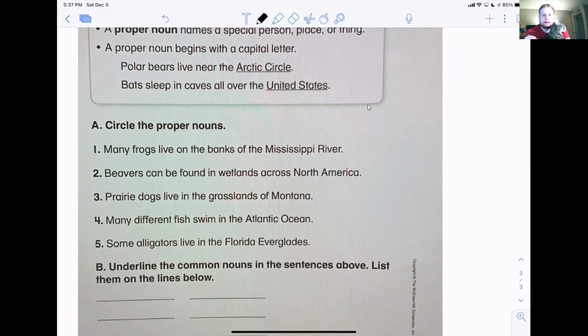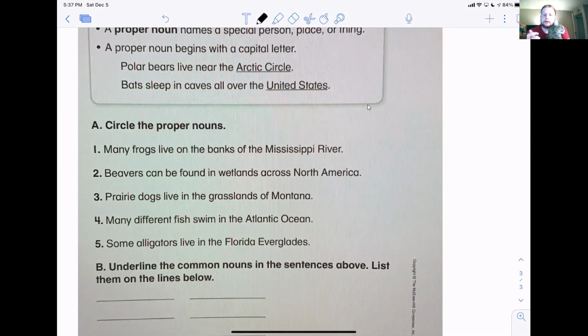All right. So many frogs live on the banks of the Mississippi River. So what is our proper noun? I'll also give you another hint: proper nouns are always capitalized. I'm not saying every capital is a proper noun, but let's go ahead and look.